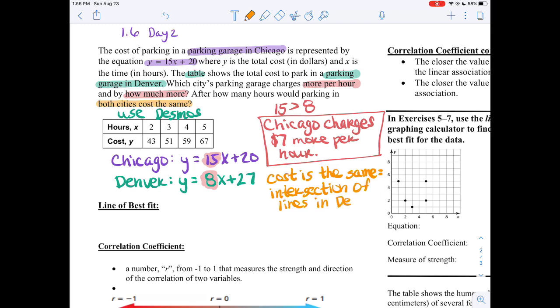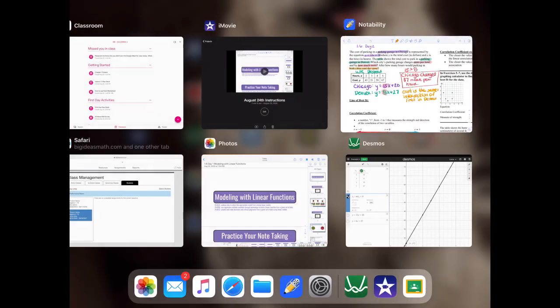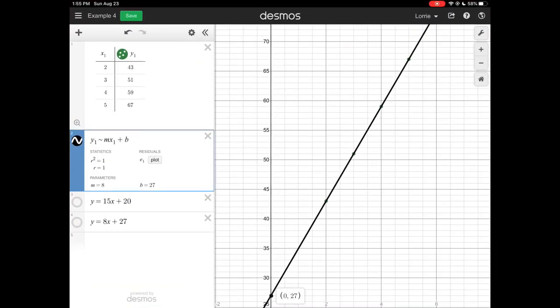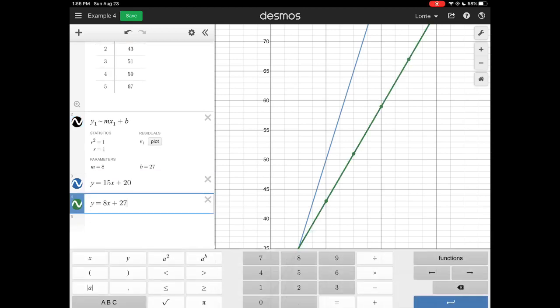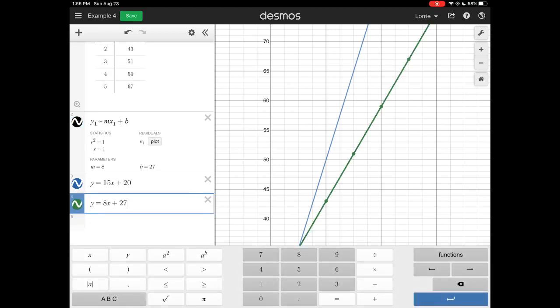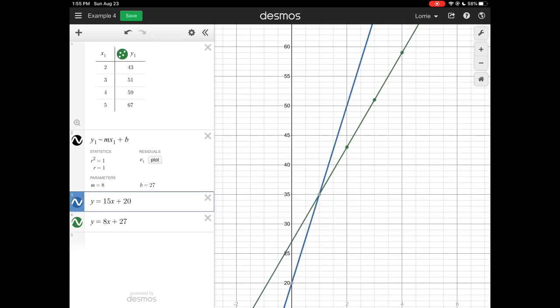So we're going to jump back over to Desmos and put in both of our equations now. So let's go over there. And I have typed in the equation for Chicago. You can see that in blue. And you can see the equation for Denver in green. And we want to know the intersection.